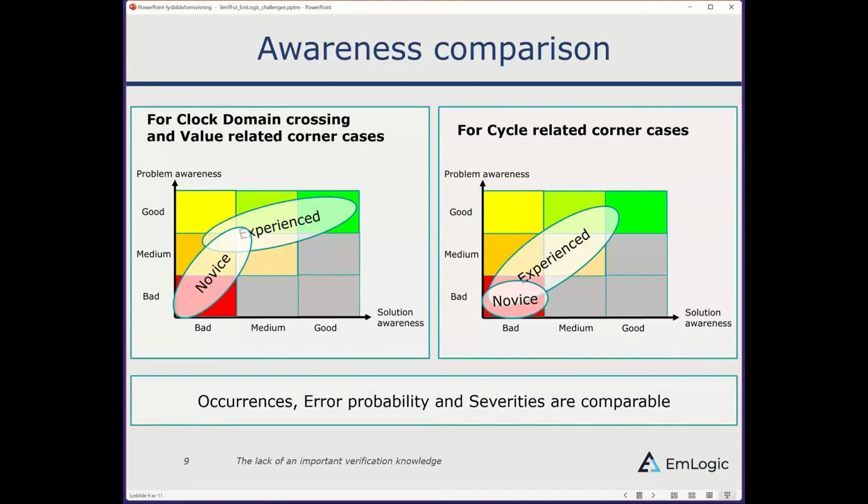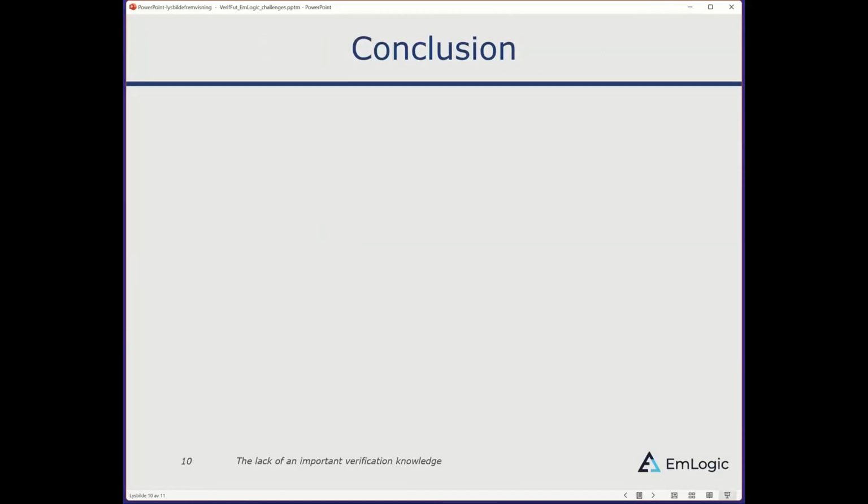It's a bit more difficult with novice designers. But if we look at the same for cycle-related corner cases, there is so much less awareness on both the problem itself and definitely also on solution. And that is a huge problem, because occurrences, error probability, and severities are definitely comparable.